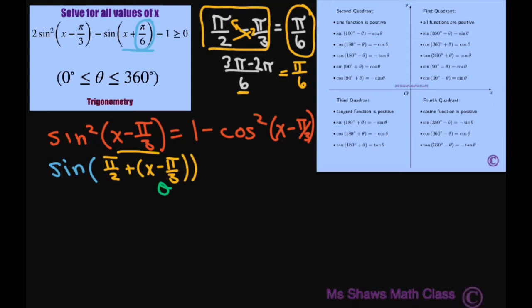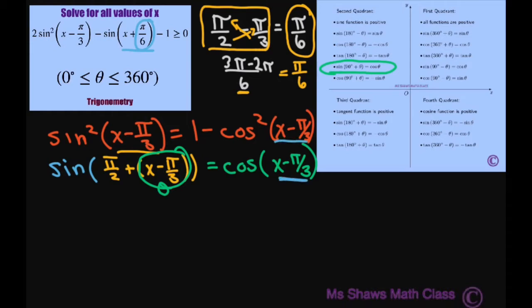If you look on your reference angles, sine of 90 plus theta is going to equal cosine of your angle here, which is x minus pi divided by 3. So at this stage, we have both of these written. Our arguments are the same.